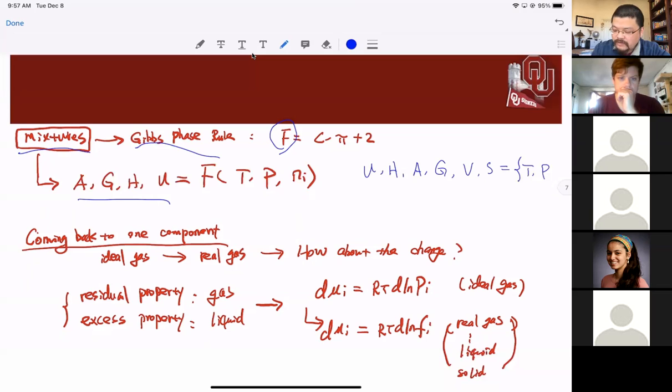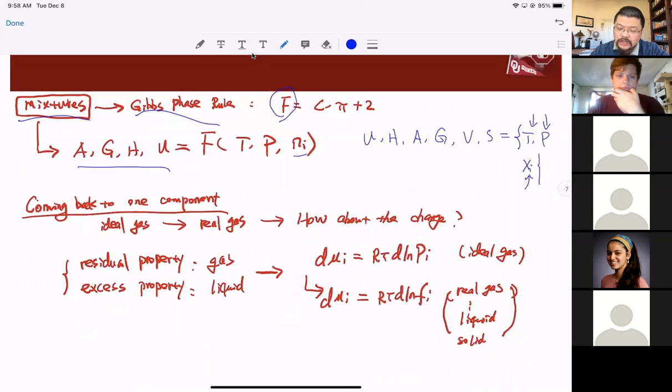And then the other stuff would be the composition, or Ni, right? So there, once you figure out what kind of mixtures you have, then you pick how many independent parameters you are going to manipulate. So I hope that's a quite logical flow.